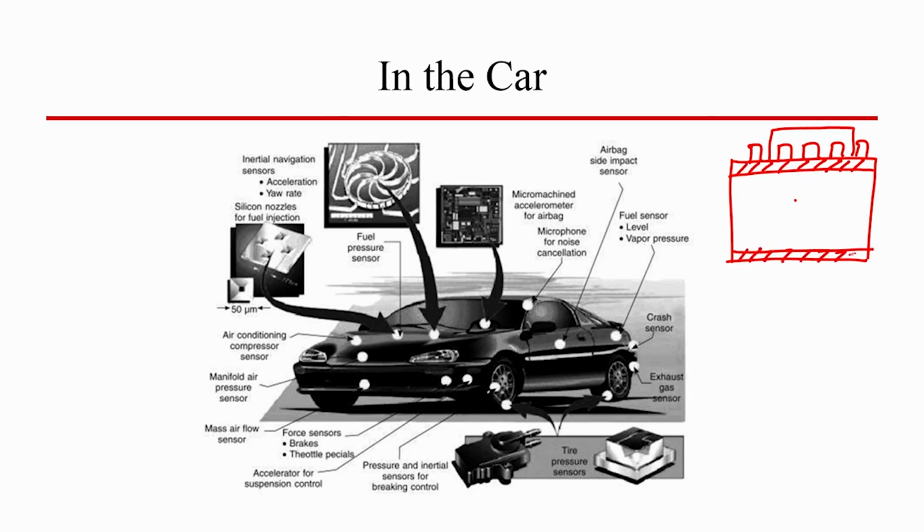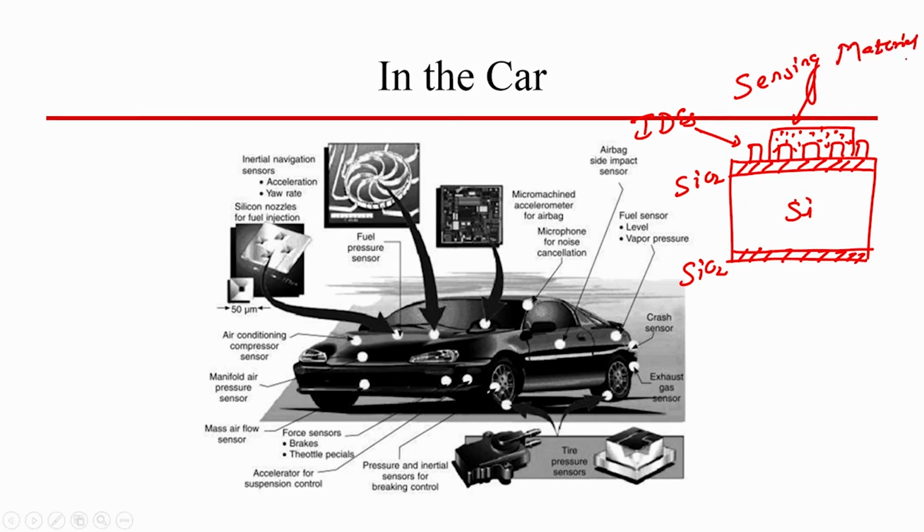You have the silicon wafer, SiO2, and interdigitated electrodes, and this is your sensing material. Now, if you want to improve the sensitivity, and the sensing material does not work at room temperature, you can add a heater to it.